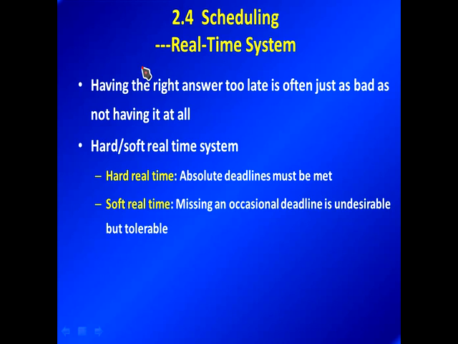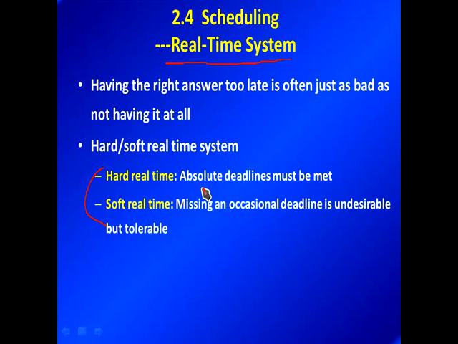Okay, so next we're going to move on to the algorithms for real-time systems. Not actually algorithms. We don't talk about any specific algorithms for real-time systems. We just need to learn something about the scheduling for real-time systems. So you already know that real-time systems can be divided into hard real-time and soft real-time systems.